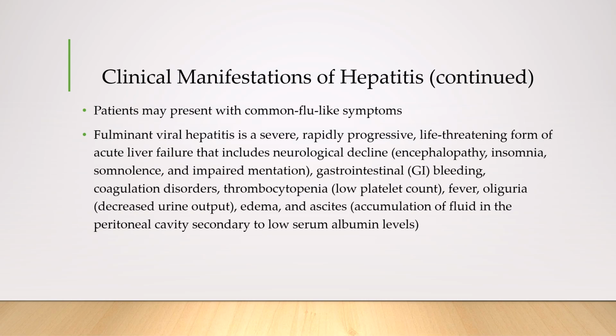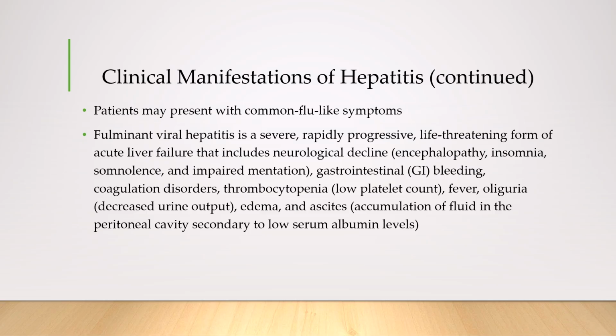This is a severe, rapidly progressive, life threatening form of acute liver failure that will include neurological decline, such as encephalopathy, insomnia, somnolence, and impaired mentation. It can also include gastrointestinal bleeding, coagulation disorders, thrombocytopenia.